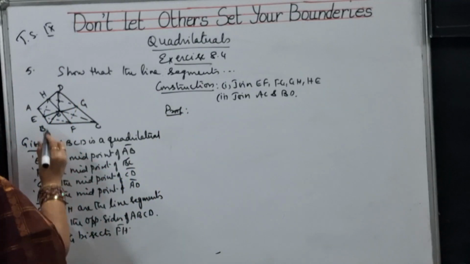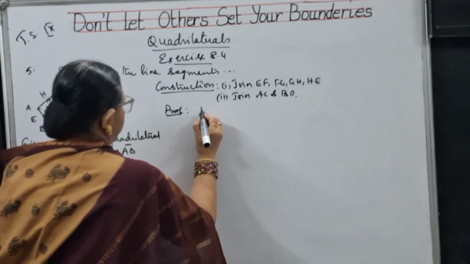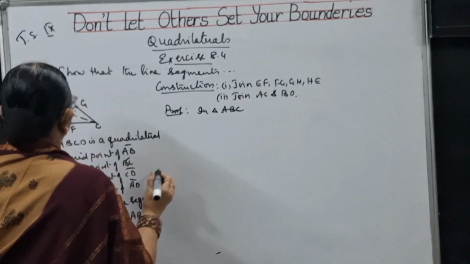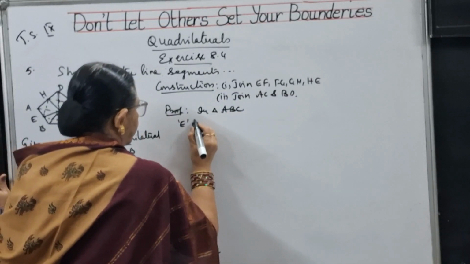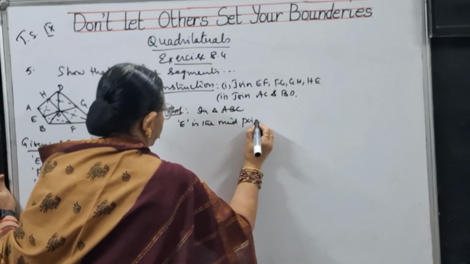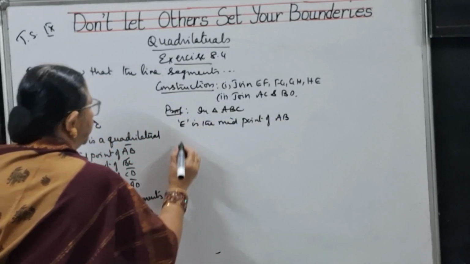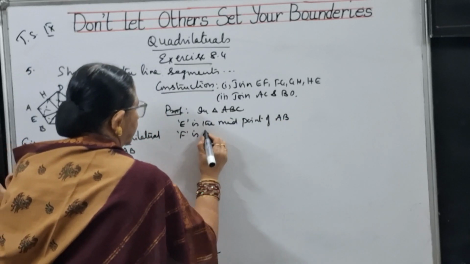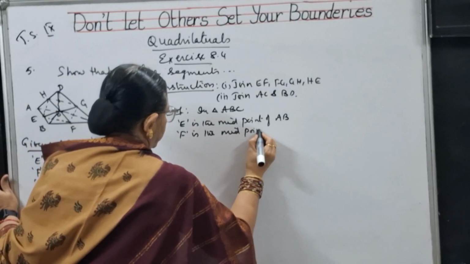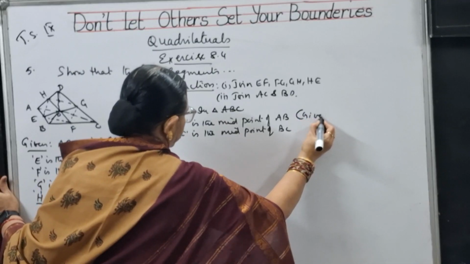Now the proof. Let me take triangle ABC. In triangle ABC, E is the midpoint of AB and F is the midpoint of BC. This is given to us.